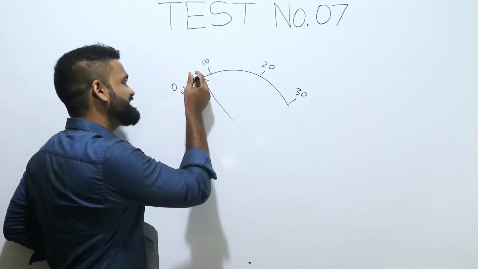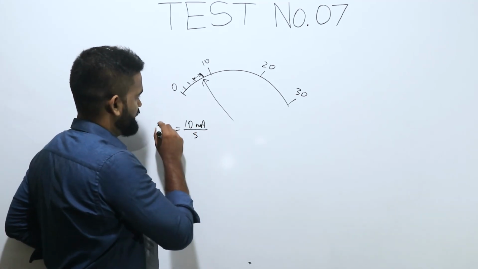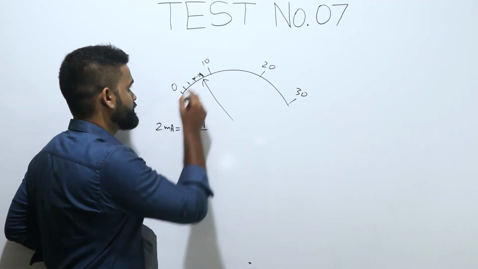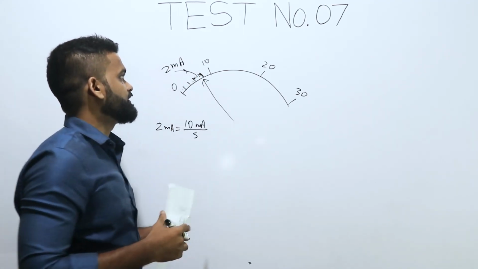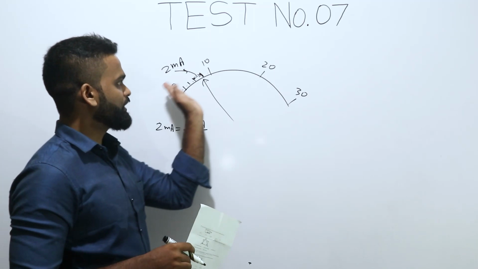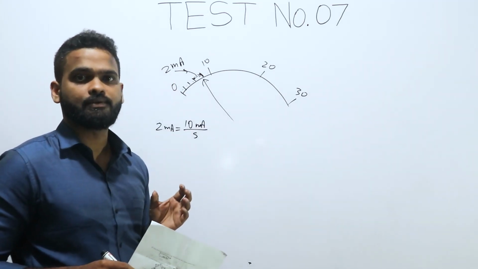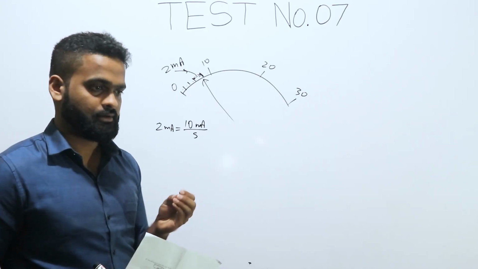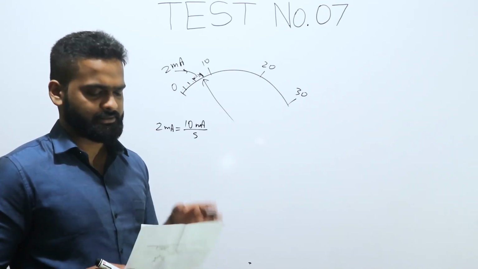So that is 10 divided by 5, so it is 2 milliampere. So the value of one part is 2, and that should be the least count of this apparatus. It is not 1, it is 2. That is the least count.